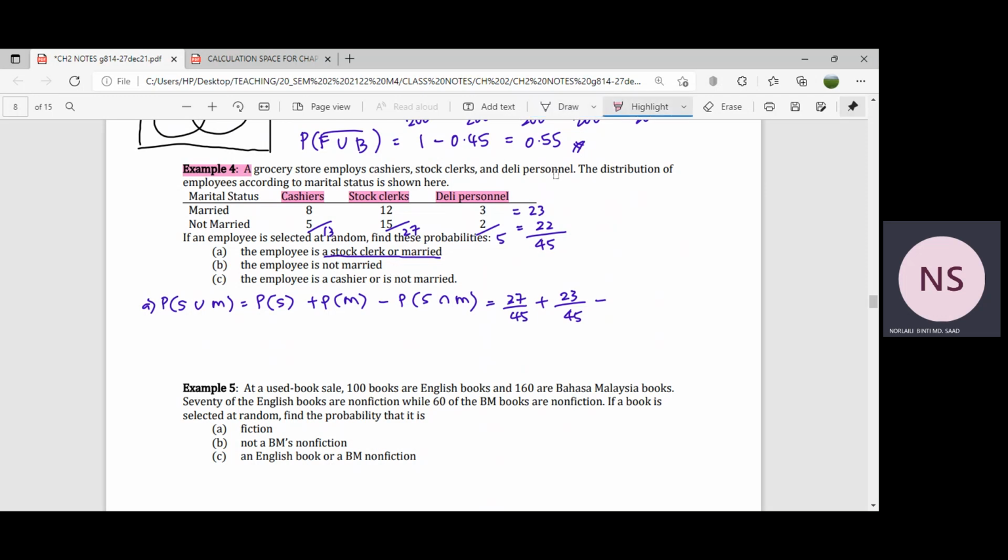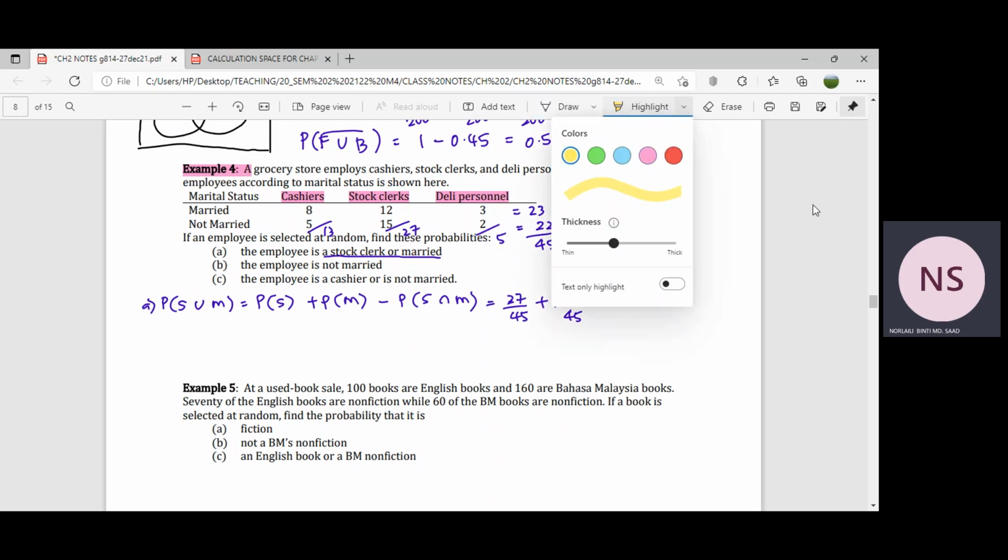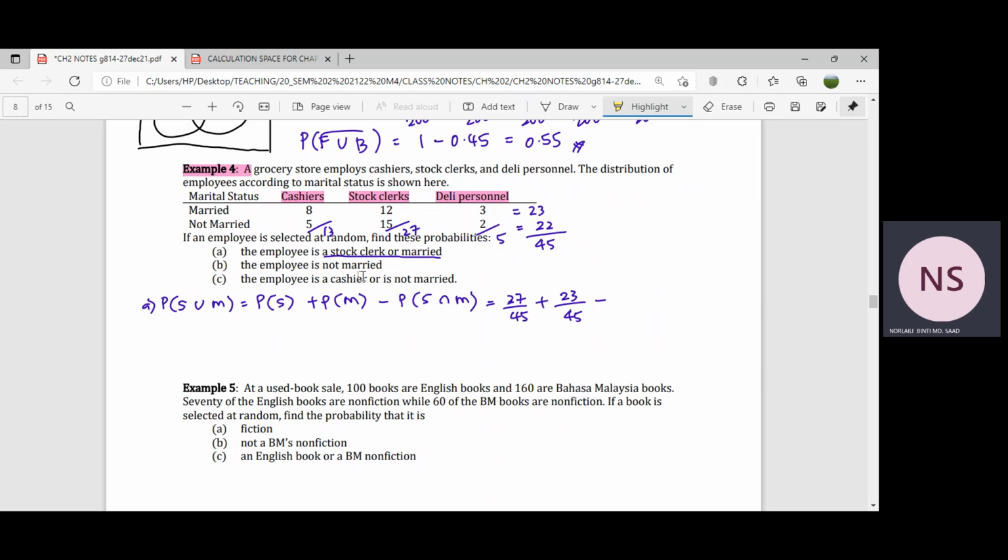How to find the intersection? You can simply look at the contingency table. For stock clerk and married, we have 12, so this is 12 over 45. Please calculate 27 plus 23 minus 12.